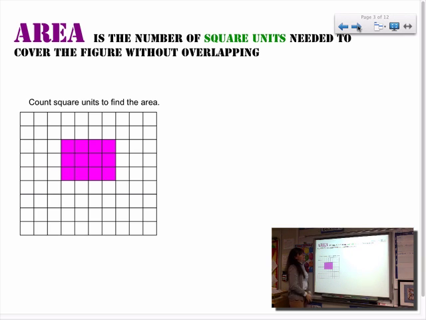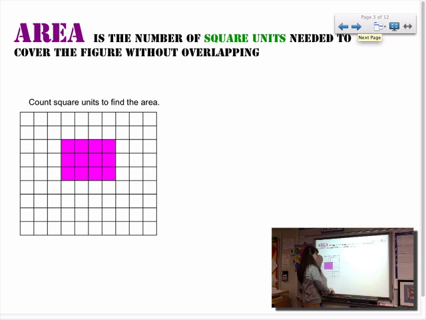Here we have our reminder that area is the number of square units needed to cover a figure without overlapping. So let's see if we can count square units to find the area of this rectangle. This rectangle is a different size than our first example. This rectangle I see is 1, 2, 3, 4 units in length and 1, 2, 3 units in width.